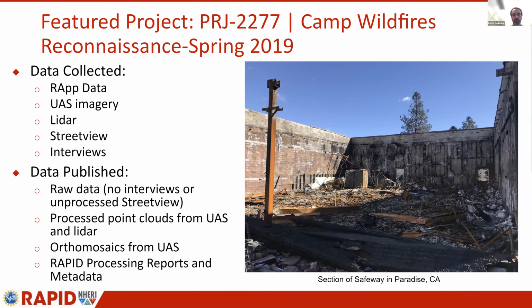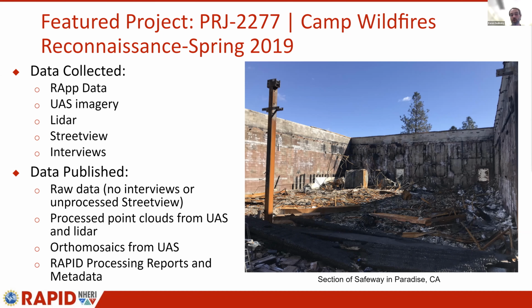There were several UAS flights around structures, so lots of UAS imagery, lots of LiDAR, particularly focused on probably a dozen individual structures. Street view was taken over several repeat trips to document both the initial damage and the recovery of Paradise, California. And then there were a bunch of interviews that were conducted.